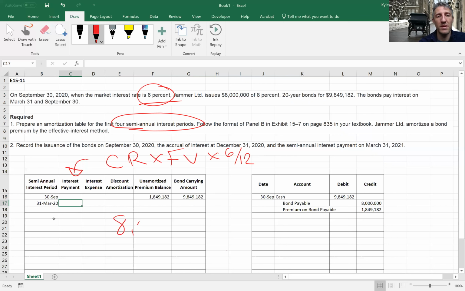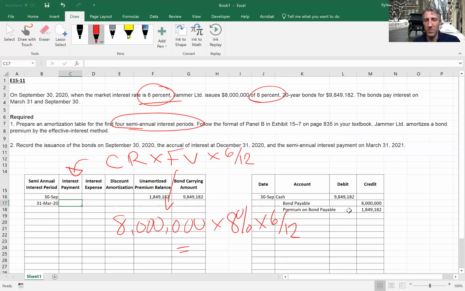So it's going to be 8 million, which is the face value, multiplied by the coupon rate, which is 8%, multiplied by 6 divided by 12, and that's going to equal something, and I'm not capable of that math in my head, so I'm going to do that right in the cell where it needs to go. 8 million times 8 percent times 6 divided by 12, 320,000.